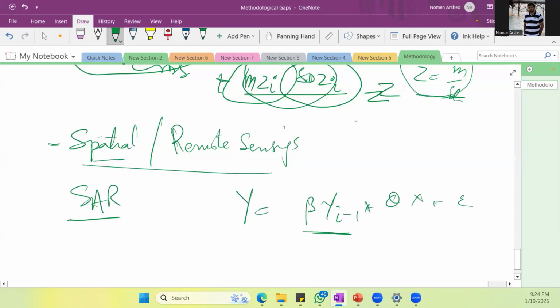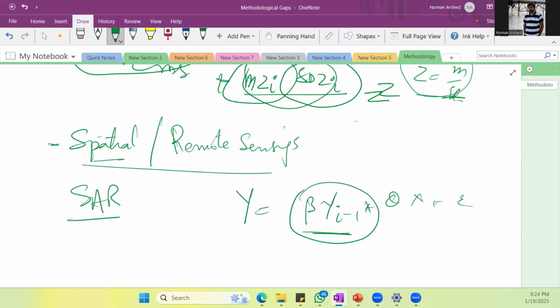So this variable is i, not t minus 1, it is i minus 1, meaning the neighboring countries' variable effect on the dependent variable. So this is called spatial autoregressive. So this is a spillover effect that people use to apply in the model.